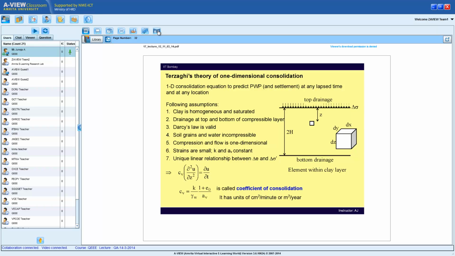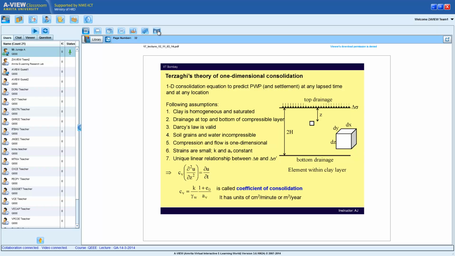The second one is drainage occurs at the top and bottom of the layer. So if I take an example of this particular layer, that's the top of the layer, that's the bottom of the layer. The drainage will occur both at the top and the bottom.